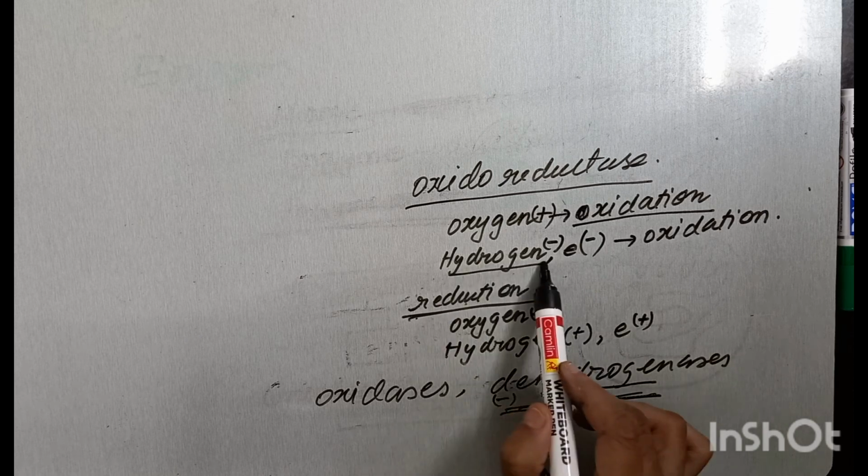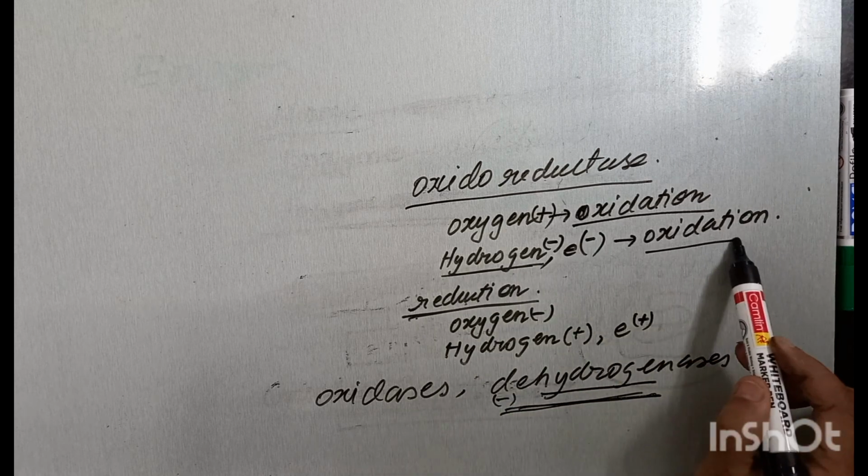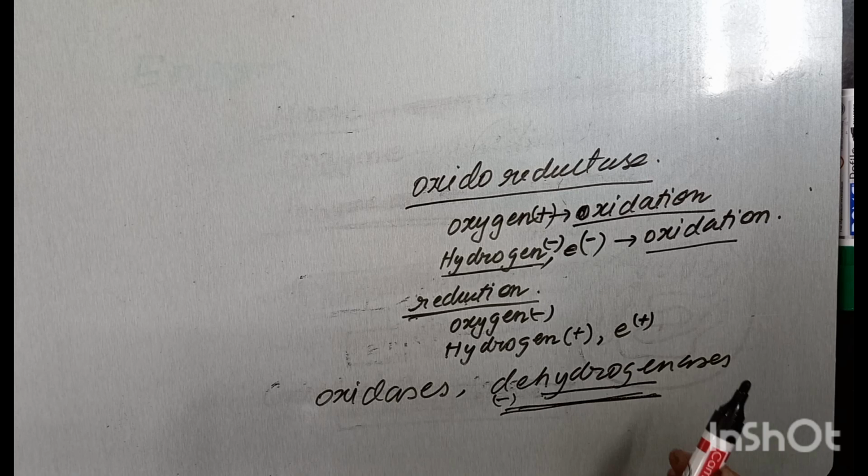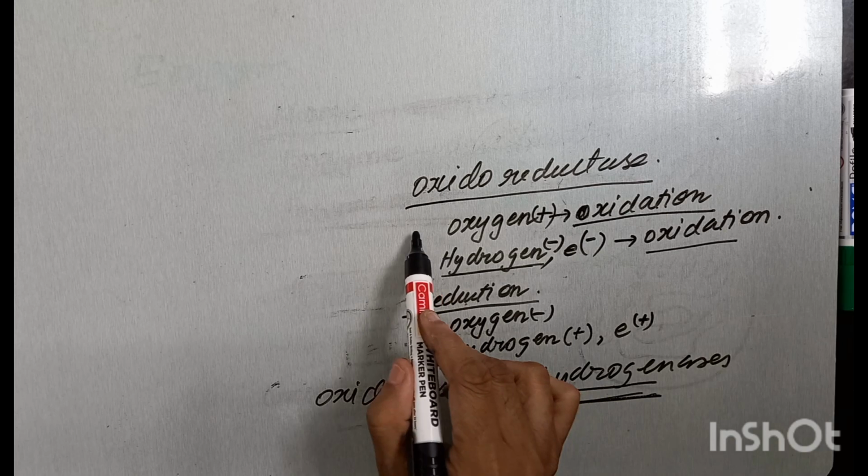We'll just learn that subtraction of hydrogen is an oxidation reaction. So instead of writing oxidase in an enzyme name, we can write dehydrogenase, and it means taking out hydrogen from a molecule, which is also an oxidation reaction.